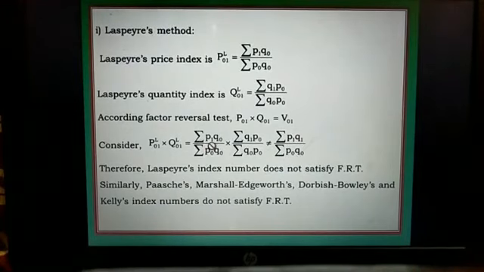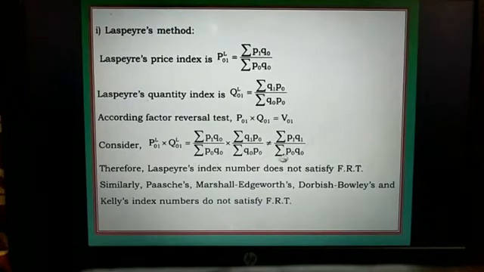Sum of P1 Q0 multiplied by sum of Q1 P0. When you multiply these two, will it result in sum of P1 Q1? No, obviously, correct? In the denominator also, when you multiply, sum of P0 Q0 here and sum of P0 Q0 there, does it result in sum of P0 Q0? No, it results in sum of P0 Q0 the whole square.